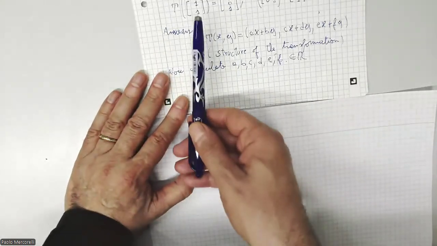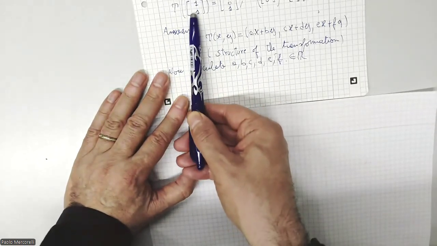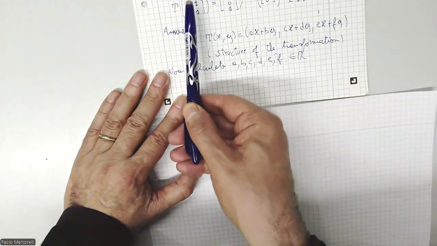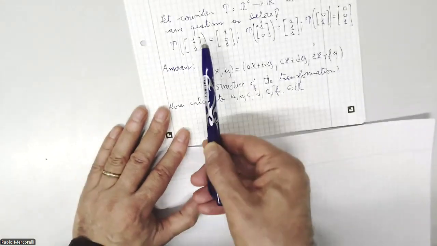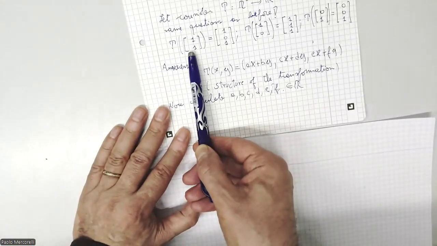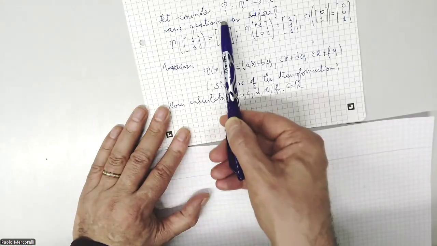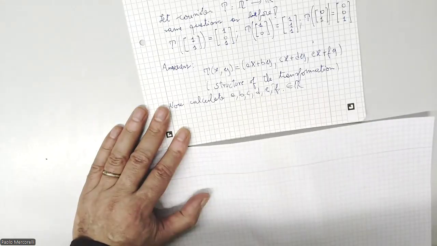Because I have (1, 1), with x equal 1 and y equal 1, which is transformed into (1, 0, 0).